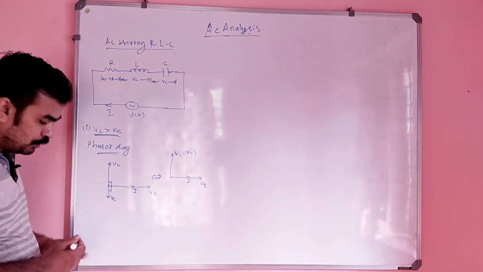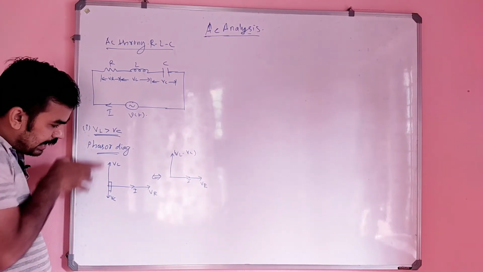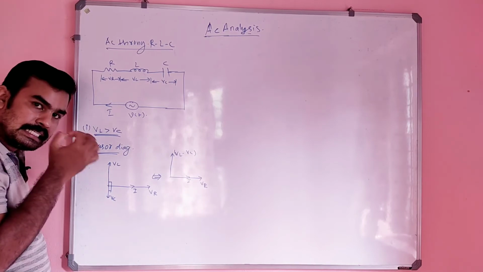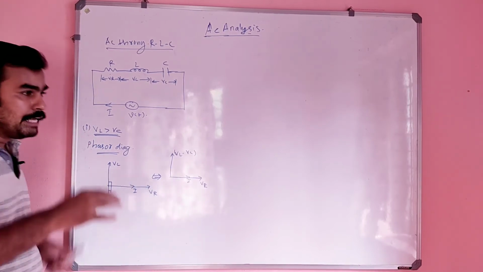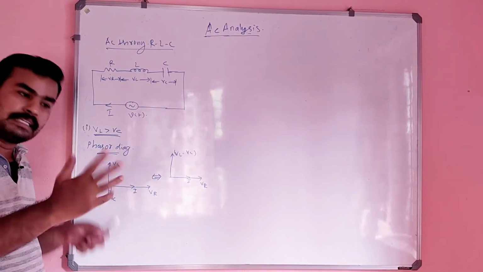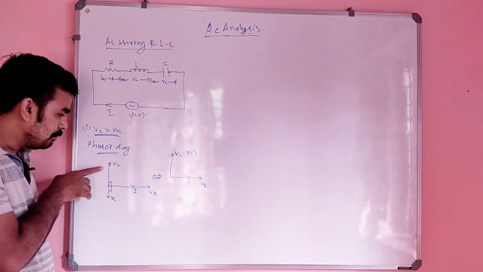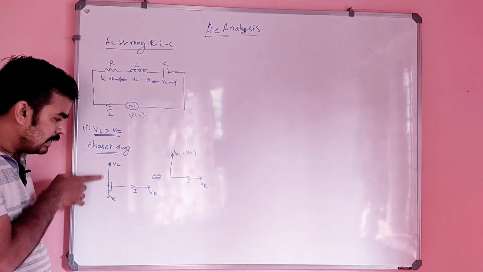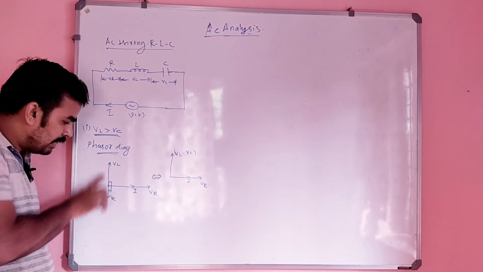If two vectors are acting in opposite directions, then the resultant will be the difference between the two. You can take VC to the upper side so that it will be minus VC.